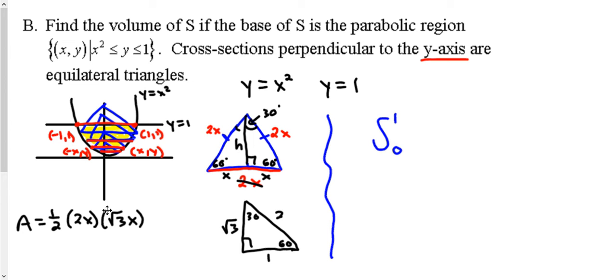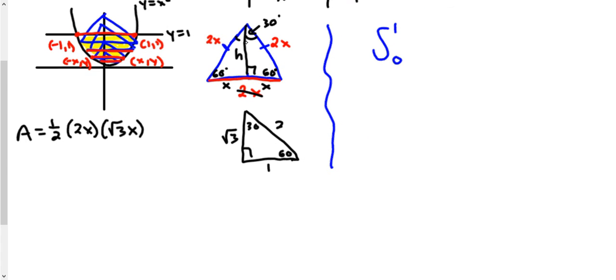Okay, now let's say we didn't remember our ratios there. We're still in luck. This is a right triangle, and we could use the Pythagorean theorem. H squared plus x squared should equal 2x squared. Right? The legs, sum of the legs squared should equal the hypotenuse squared. So this would be 4x squared.